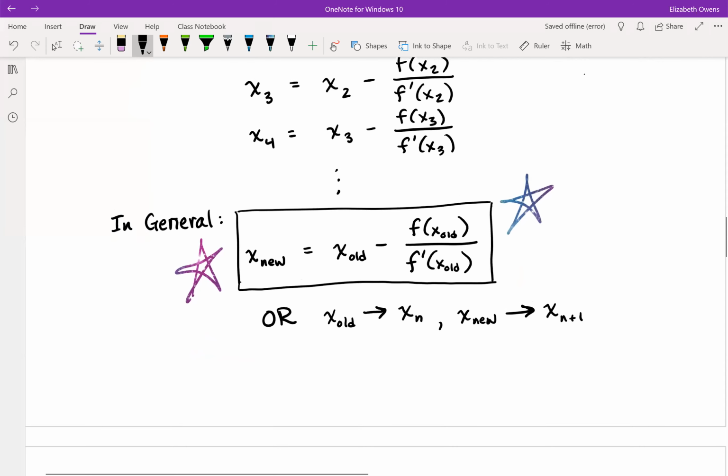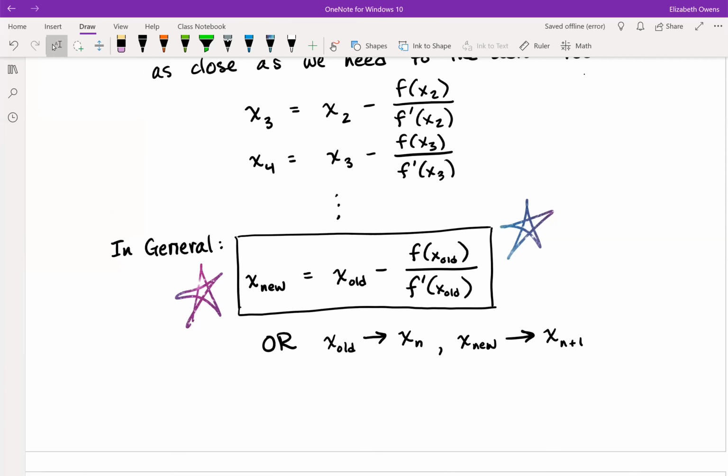Okay, then you could write the formula like this. x sub n plus 1 equals x sub n minus f of x sub n over f prime of x sub n.